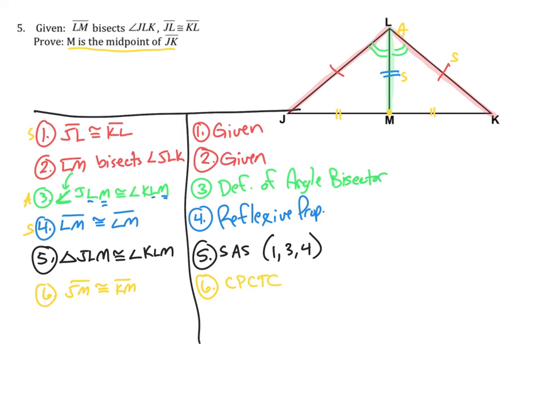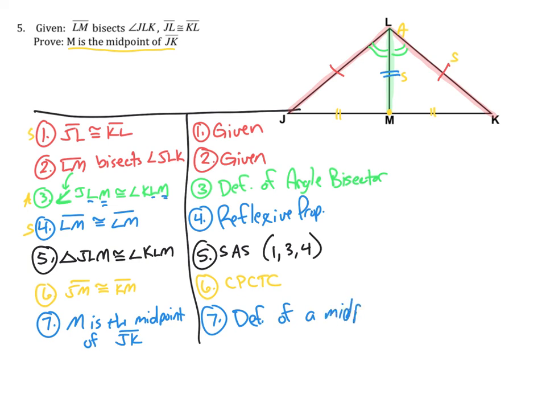So because the triangles are congruent, all the corresponding parts are congruent, and then because those segments are congruent, I can now say that M is the midpoint of segment JK, and my reason for number 7 is simply the definition of a midpoint. And there you have it.